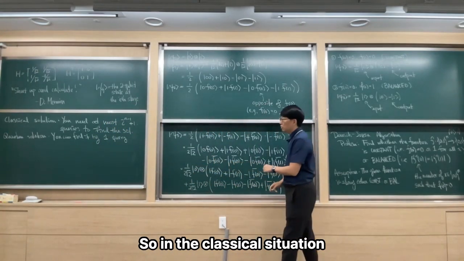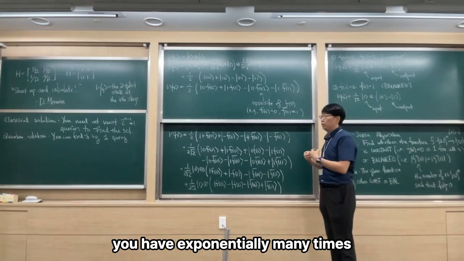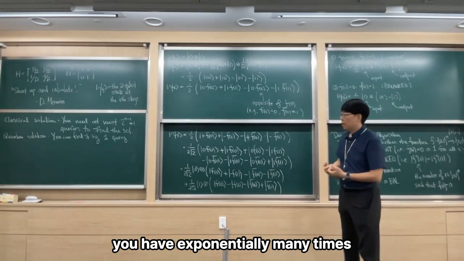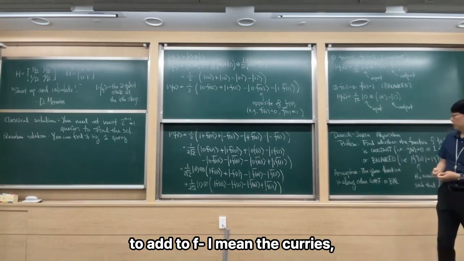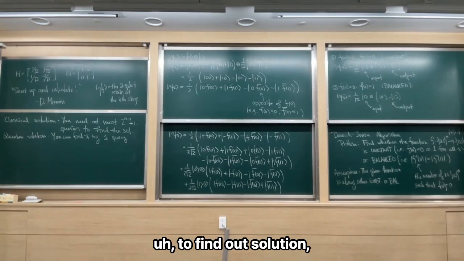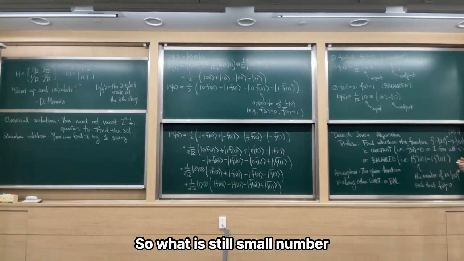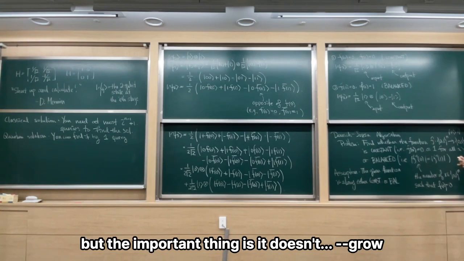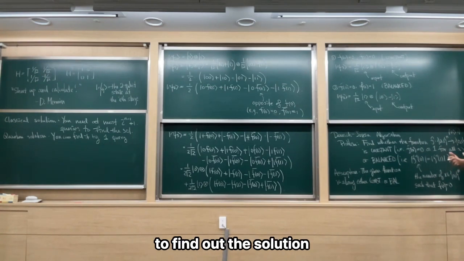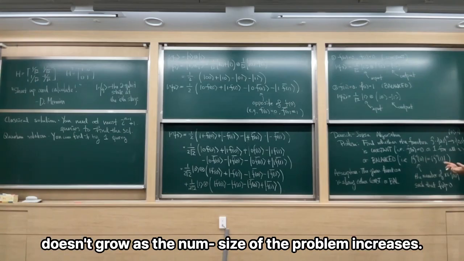In the classical situation, you need exponentially many queries to find the solution. But in the quantum case, it's just one query. So 1 is still a small number, but the important thing is it doesn't grow. The number of queries to find the solution doesn't grow as the size of the problem increases.